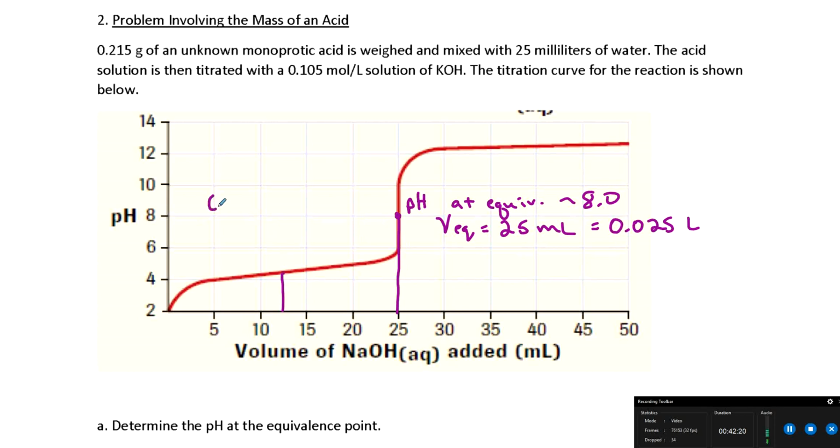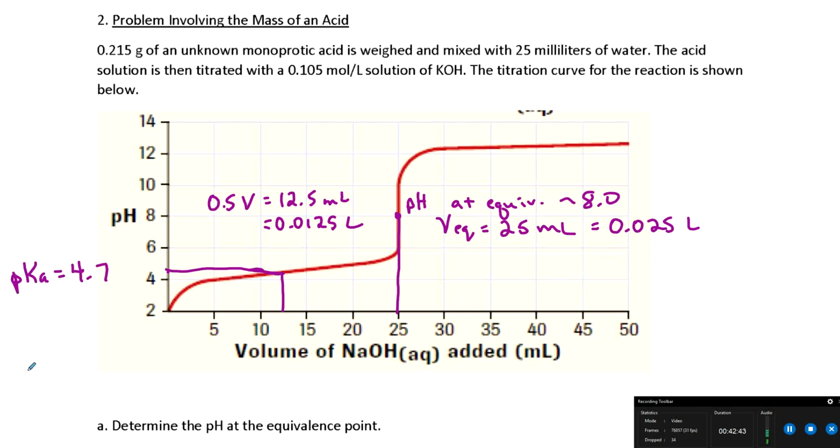So this would be the 0.5 V is 12.5 mL or 0.0125 liters. And if you go across, wow, very messy, but the pKa then would be about 4.7.